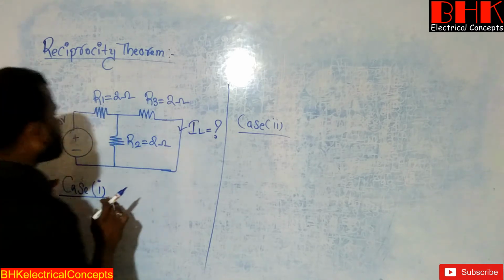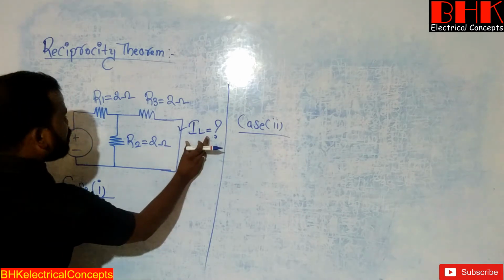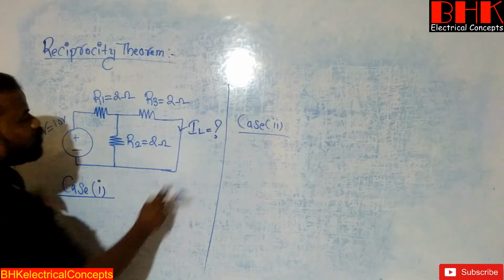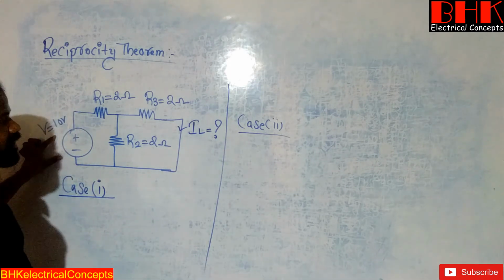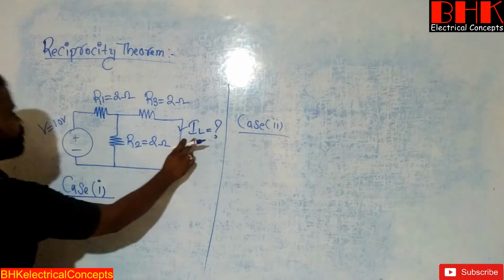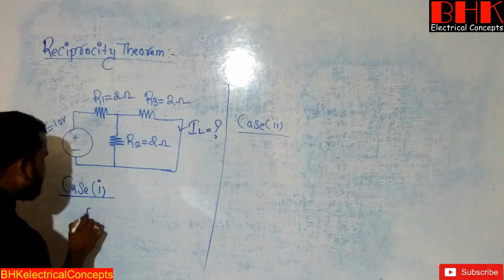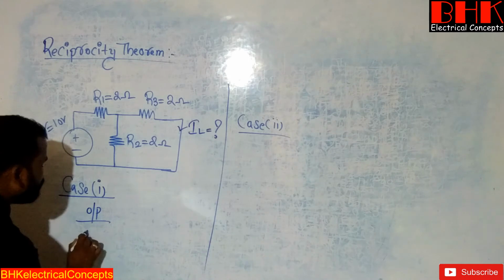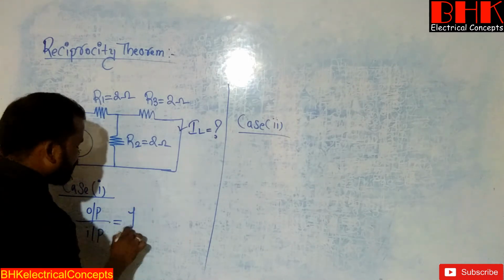After getting the response from the circuit, we take the ratio of output to input. Here the output is the calculated current, and the input is the applied voltage. After getting the total current, or response, from this circuit, we take the ratio of output to input. For example, I got the value 1.